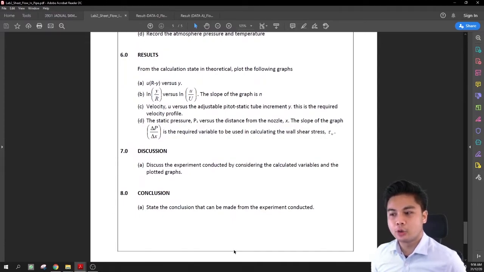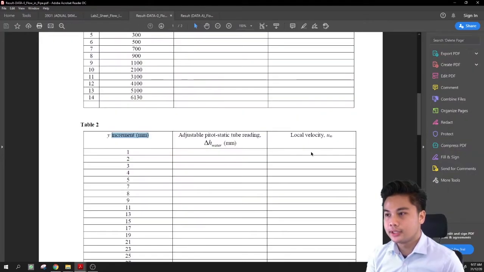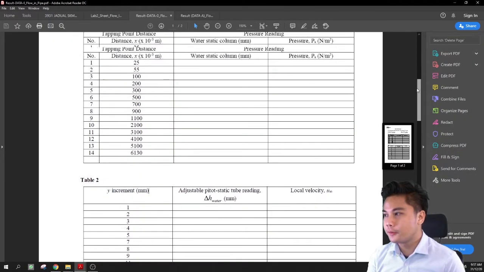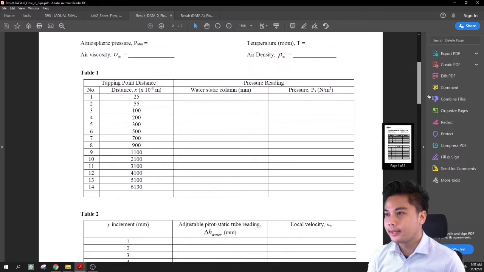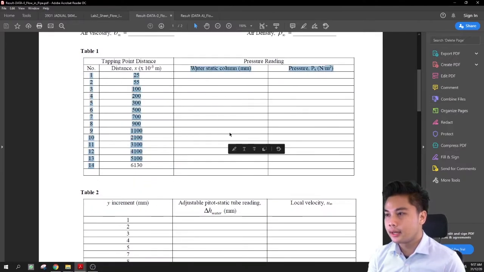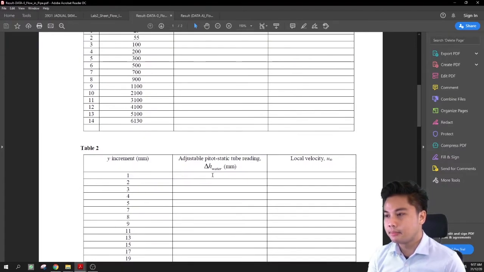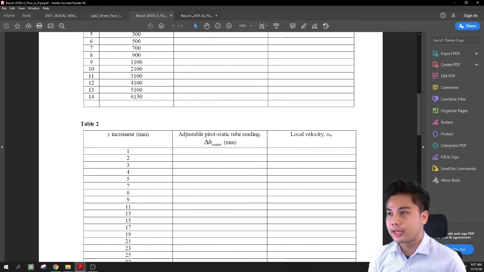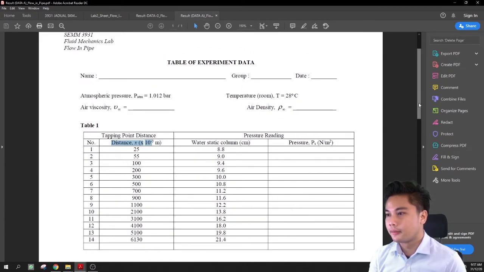Conclusion: state the conclusion that can be made from the experiment. The table here will be given to you. The raw data, we will only give you the raw data for the water static column and the adjustable pitot static tube reading, as you can see in this part.